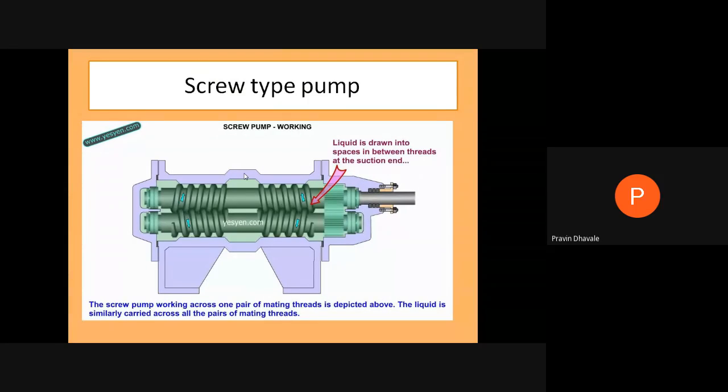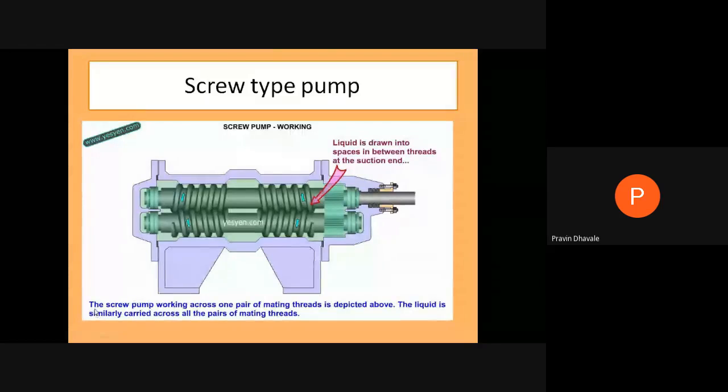When the screw is rotating at the suction side, the fluid will be trapped within the pump, and during rotary motion the fluid will be flowing along the screw, like a nut flowing over the bolt, and it reaches the center where the outlet port is provided, and at the outlet port the discharge of the pressurized fluid takes place.